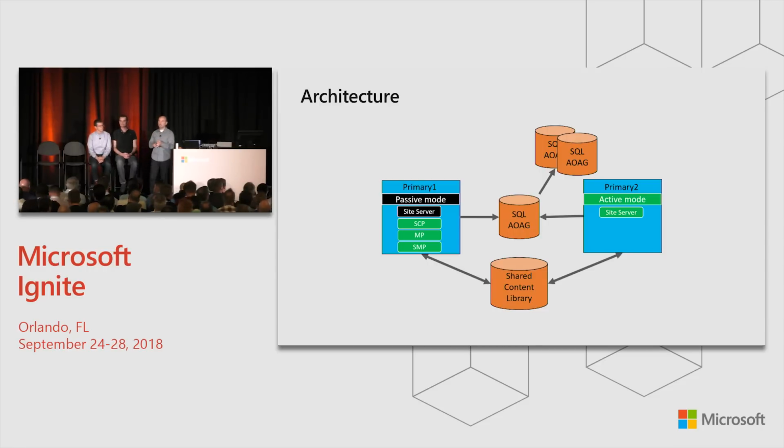The only limitation in this version, 1806, is the service connection point, which is the connector that we use for updates and servicing. It's actually used for a bunch of cloud services too. If something happens and the primary goes down completely, you need to uninstall that from your hierarchy and install it on the primary. But you can do that when the primary is off. So that's the good thing.